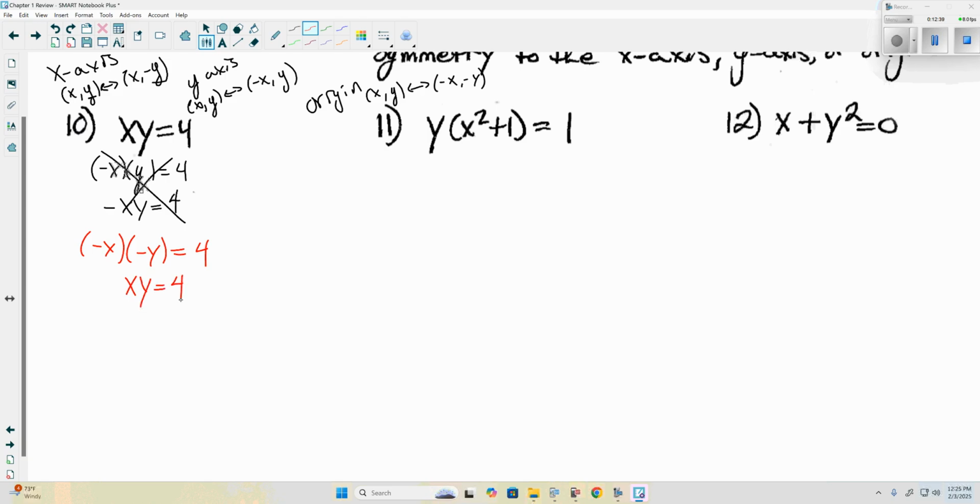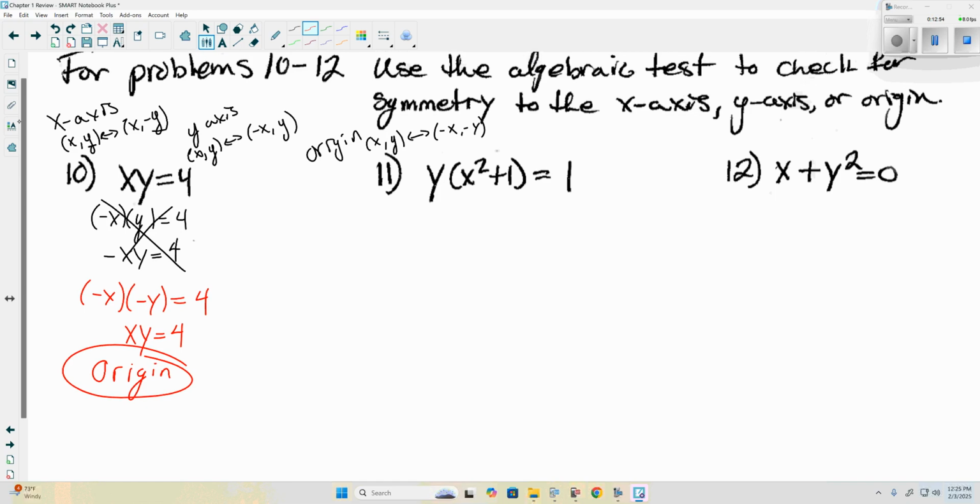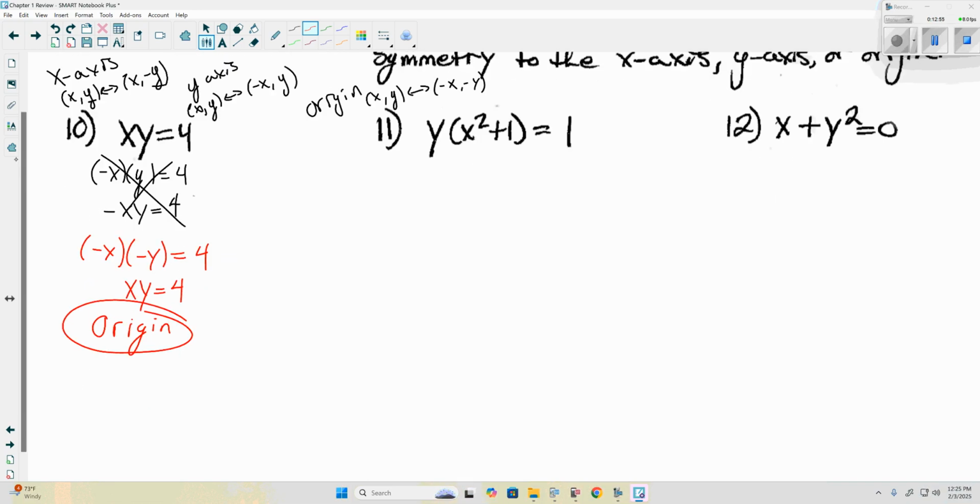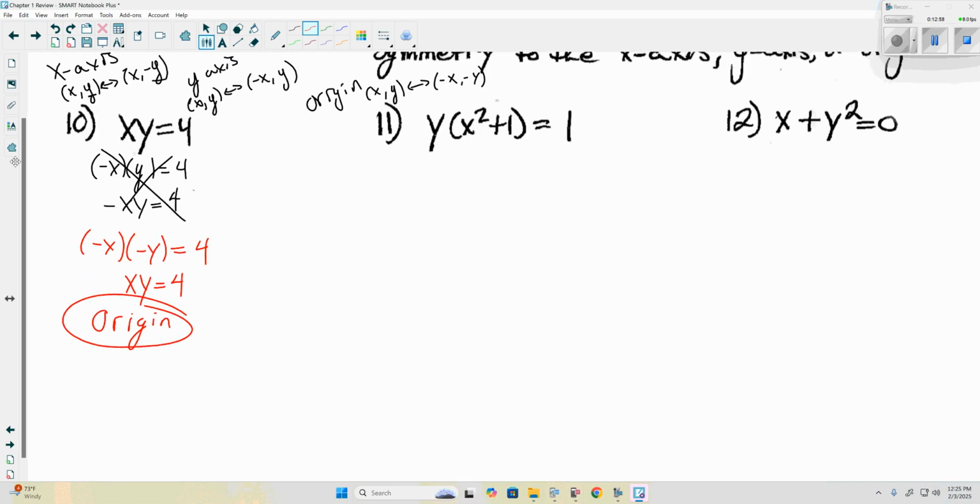Positive xy, which is equal to 4. Is that our original equation? Yeah, so it's symmetric with respect to the origin. Because when we replaced x and y with negative x and negative y, and we simplified, we got our starting equation. So it's symmetric with respect to the origin.